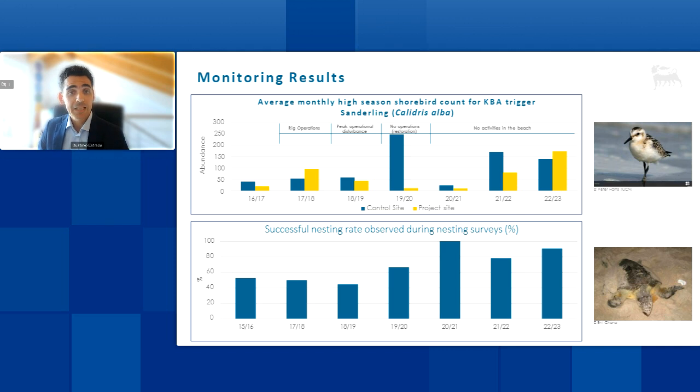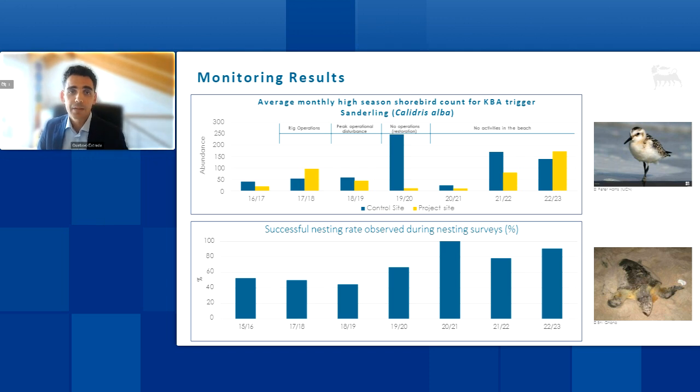Although now in the production phase, the project continues to monitor shorebird numbers and undertakes nightly beach patrols during the turtle nesting season to identify sea turtle nests and, if necessary, relocate these to purpose-built hatcheries for safe incubation. Here you can see two examples of monitoring results.